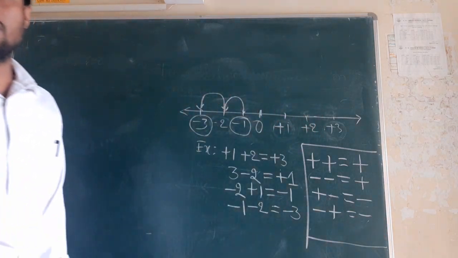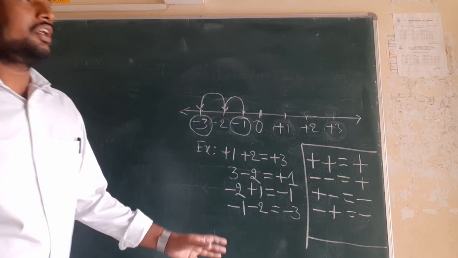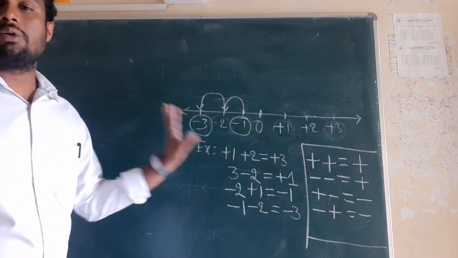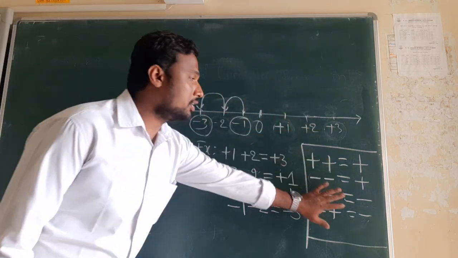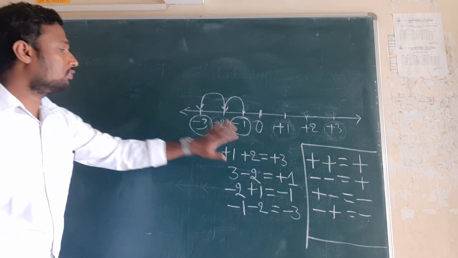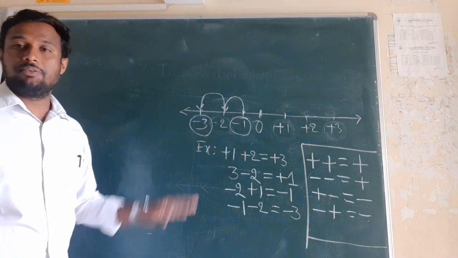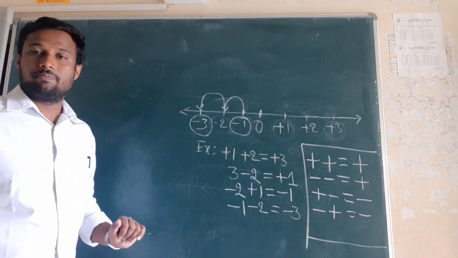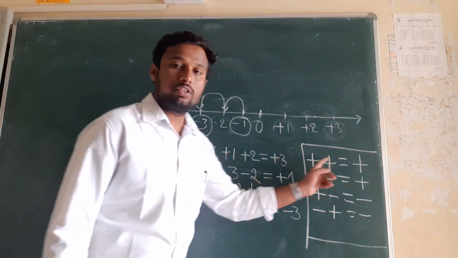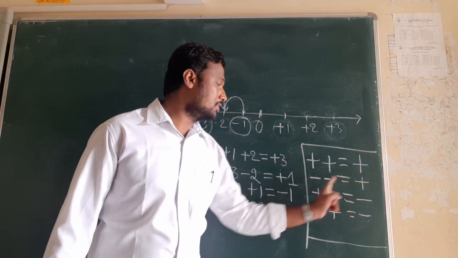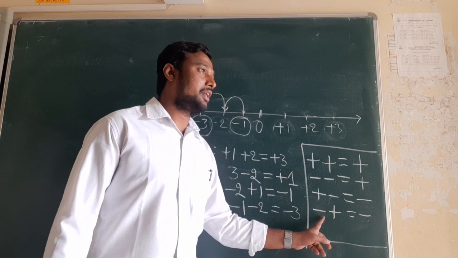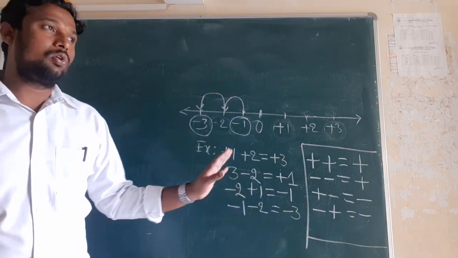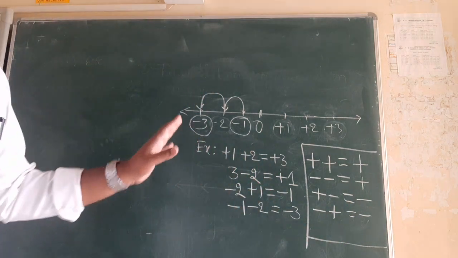This is very important. Carefully practice this. If you remember this, we can solve any integer values very easily without any number line. So plus into plus is plus, minus into minus is plus, plus into minus is minus, minus into plus is minus.